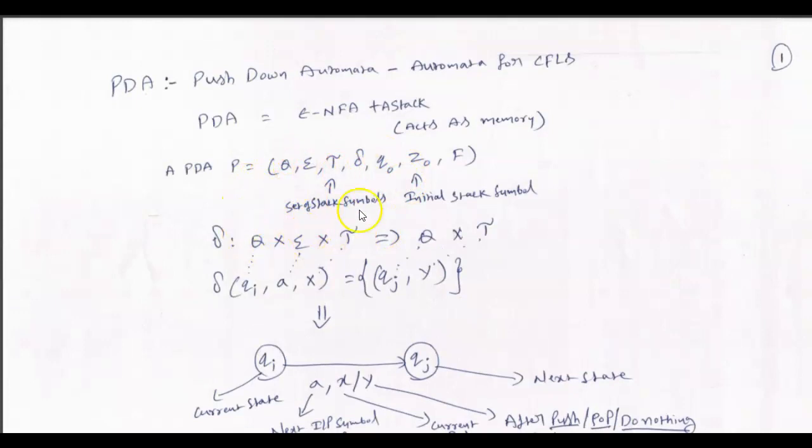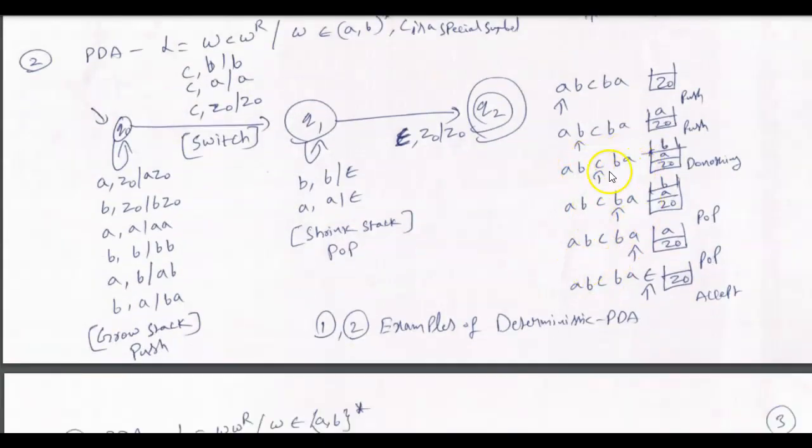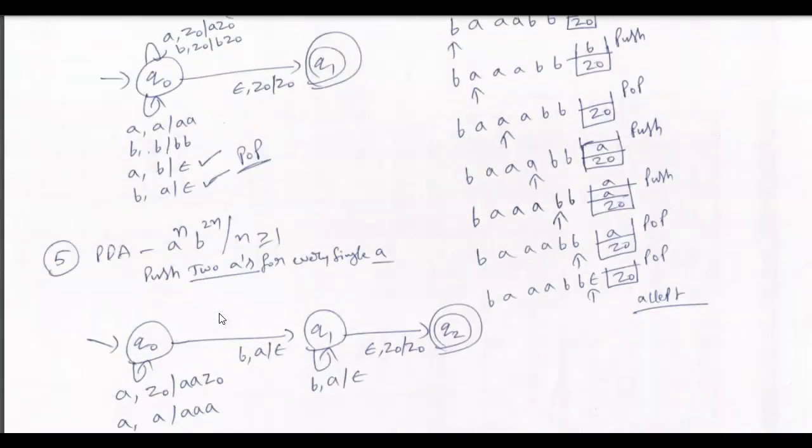You have to mention all these Q, sigma, tau, delta, and various delta transitions, Q0, Z0, and F. First you have to take a valid string, construct this, and mention the 7 tuple PDA. Thank you.